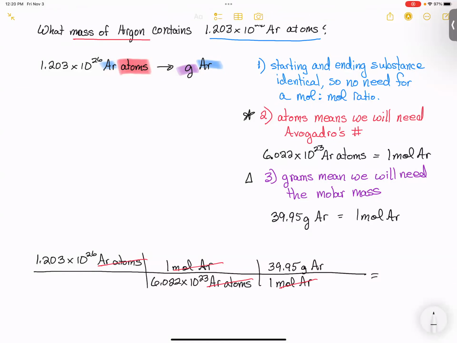Now we're ready to key it into the calculator. And we get an answer of 7,981 grams of argon.